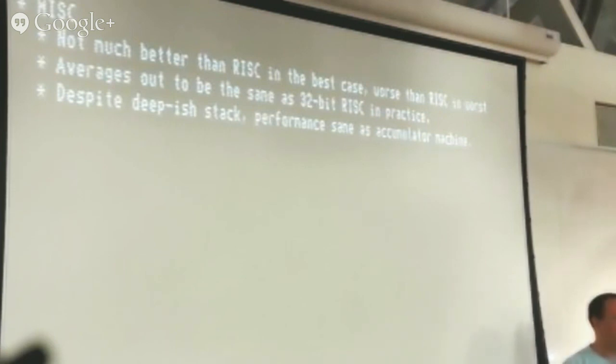But when you widen it to 32 bits or 64 bits, it starts to fall off the cliff there. And yet, despite the relatively deep stack, in my case, I have a stack depth of 6 at present, the performance is only about as good as an accumulator architecture because you're always fetching and storing from memory. Your memory bandwidth is just enormous.